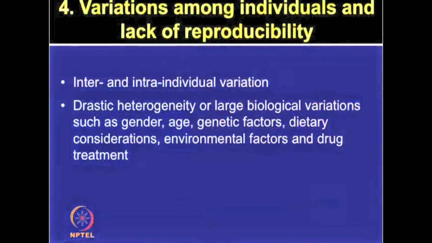The drastic heterogeneity or large biological variations such as gender, age, genetic factors, dietary considerations, environmental factors and drug treatments are going to affect the reproducibility of your experiments. So, if you are careful in designing the experiment, one can at least minimize these variations and increase the reproducibility of the proteome analysis.